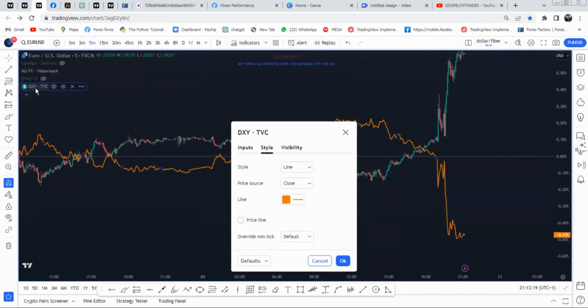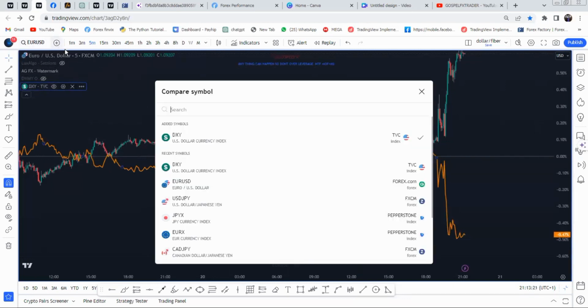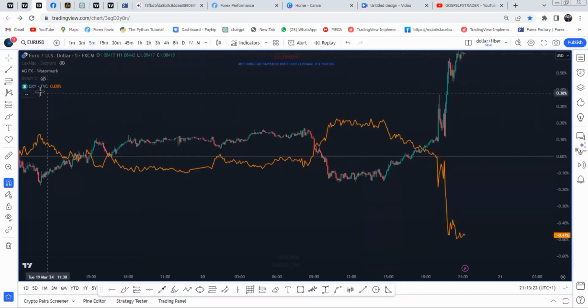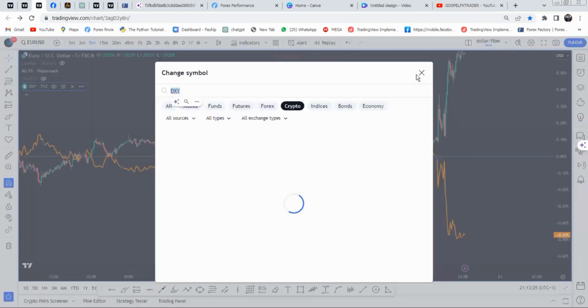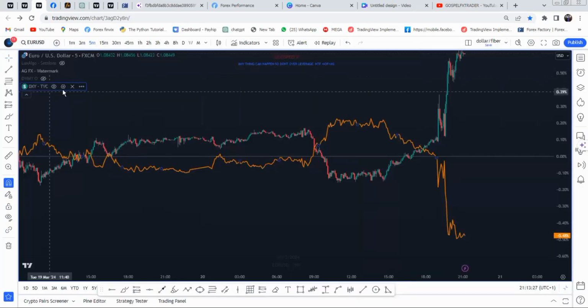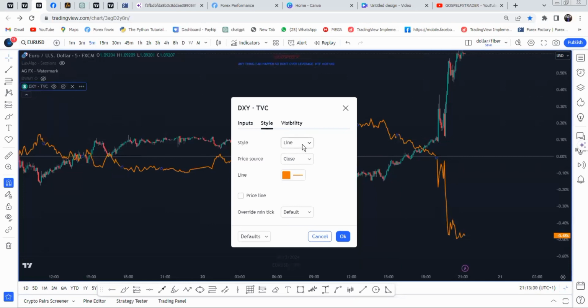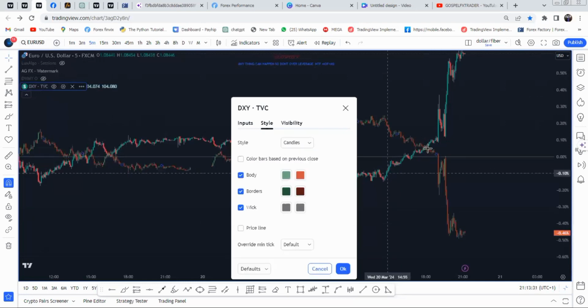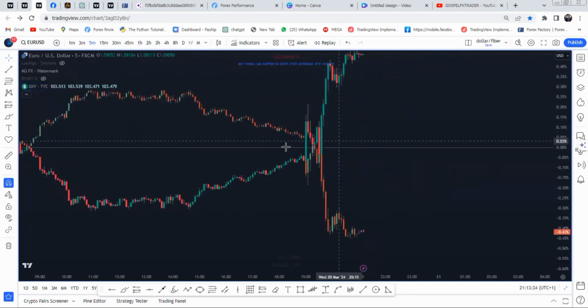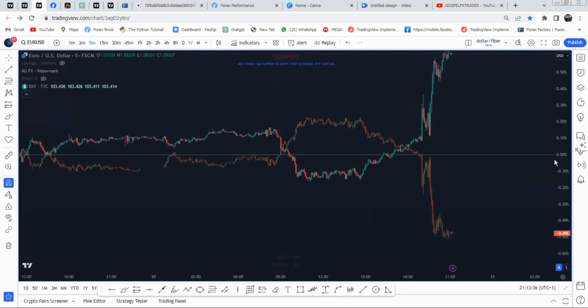So about this comparing here, you can add the currency you want to compare with. I've just added dollar, and you can click on the dollar and change it from line to candles, and then you can see their moves.